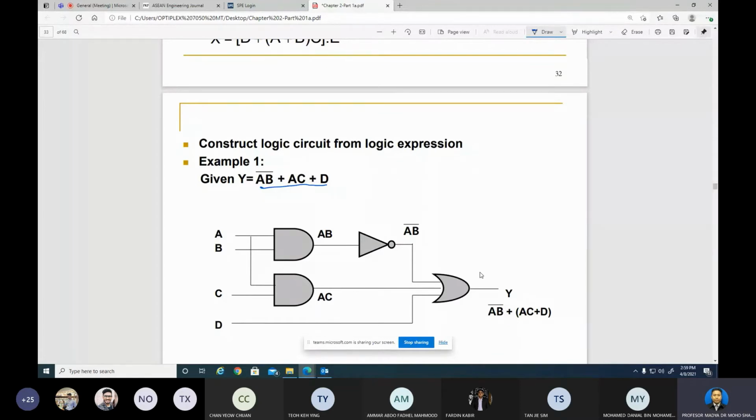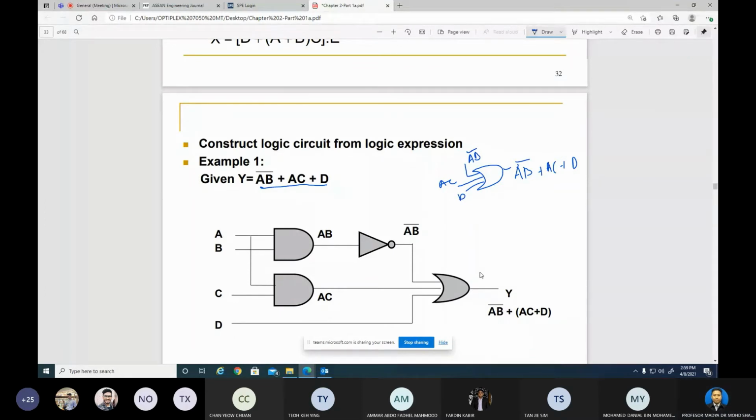For example, if you have the Boolean expression here, I just draw here A B bar plus A C plus D. So we know the output will be the OR gate here. So this one we can separate: A B bar, this one will be A C, another one will be D.